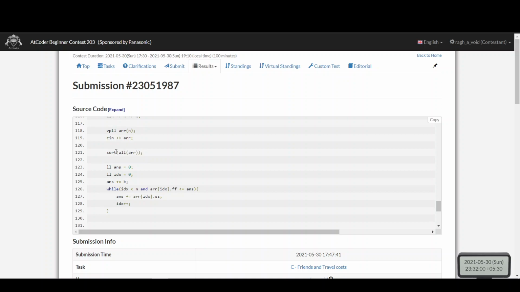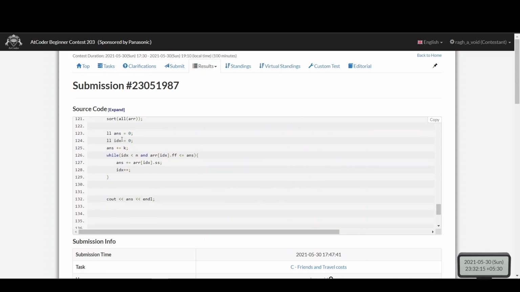I did this, as I explained, because I need to go to a friend with a lower village value before the one with a higher village value, because it is always beneficial to consider the friend who is nearer to us. So now I took an answer variable and an index variable. This index variable indicates the very next friend to whom I have to go.